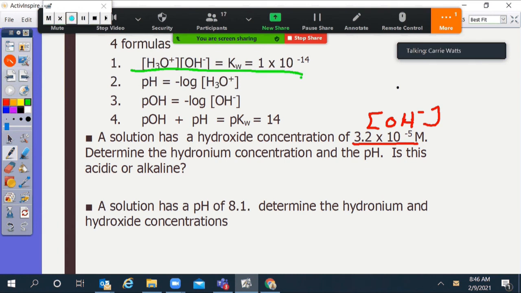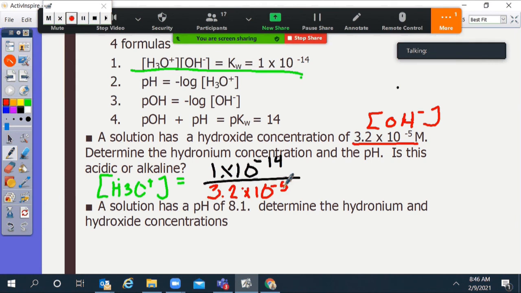So let me do that first. Okay, and I have H3O times OH equals KW. So to solve for H3O, I got to put the KW on top, 1 times 10 to the negative 14th, and I'm going to divide it by my OH, which is 3.2 times 10 to the negative 5th for my given.